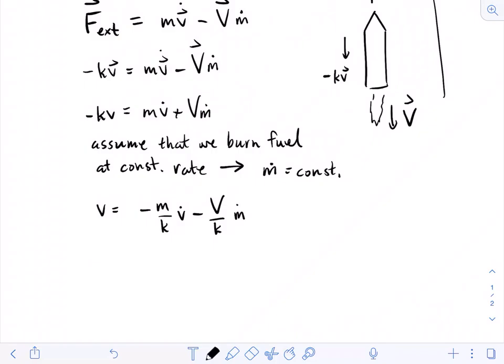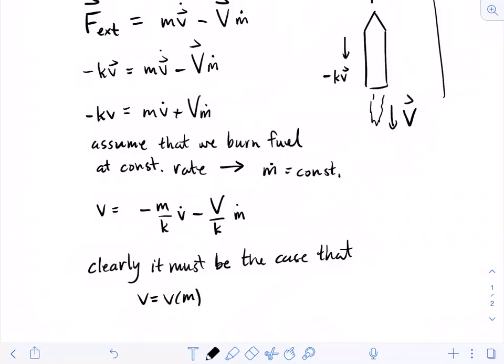Clearly, we're going to assume that the speed of the rocket, v dot, is changing, so the rocket is increasing in speed. So clearly, it must be the case that the speed of the rocket is a function of the mass of the rocket.